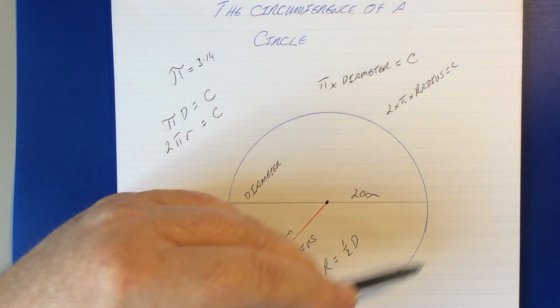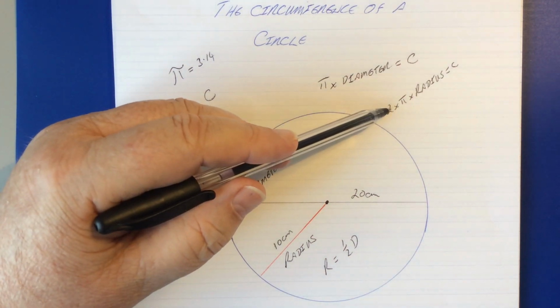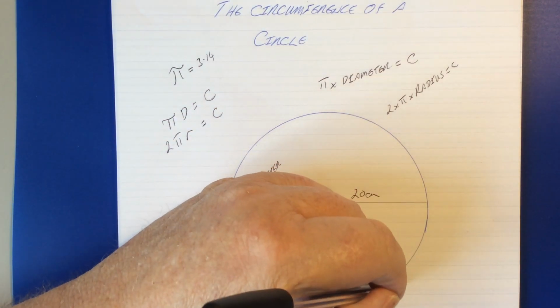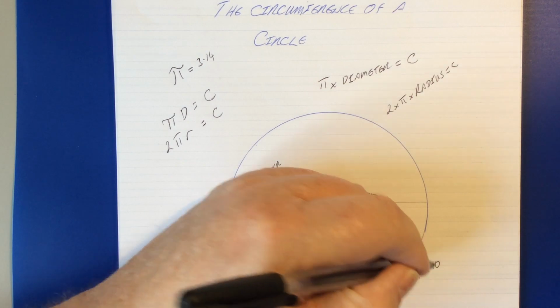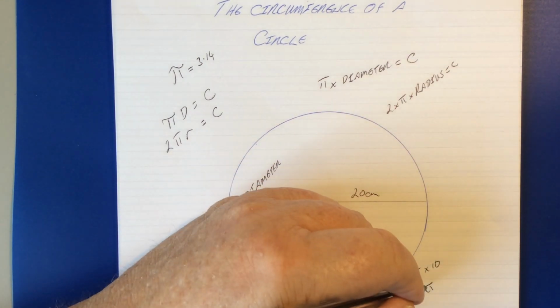So the circumference of the circle, using the radius formula, is 2 times pi times 10. So that is 20 times pi.